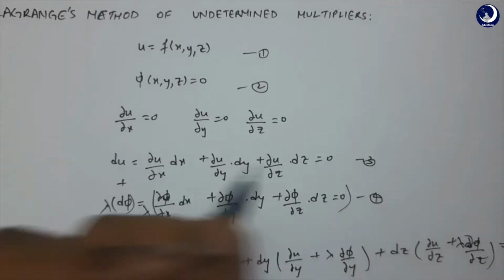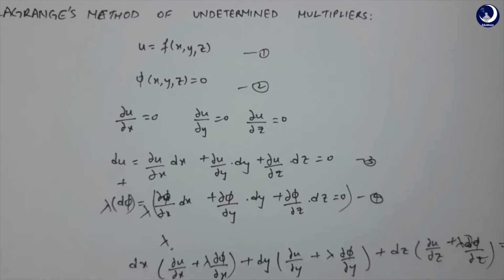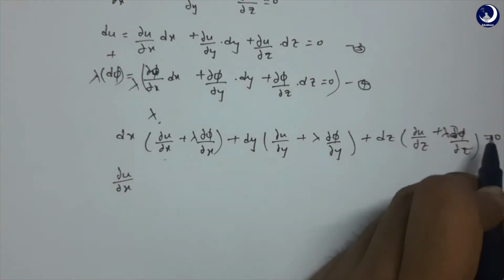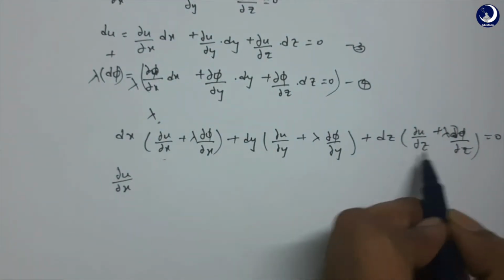This all is equal to 0. So for this equation to be 0, it will only be satisfied when these terms are equal to 0.